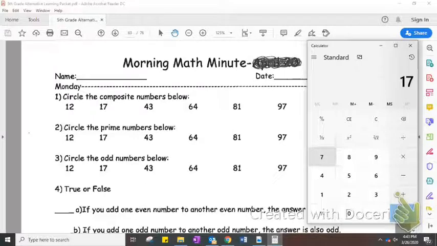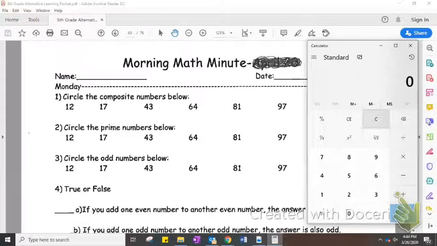Okay, 17 is not going to be divisible by 4 because it wasn't divisible by 2. All right, 17 divided by 5. We know it's not going to work because if a number is divisible by 5, then it has a 0 or a 5 in the ones place. Didn't work. 17 divided by 6.